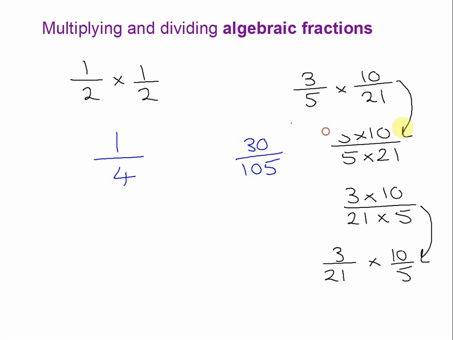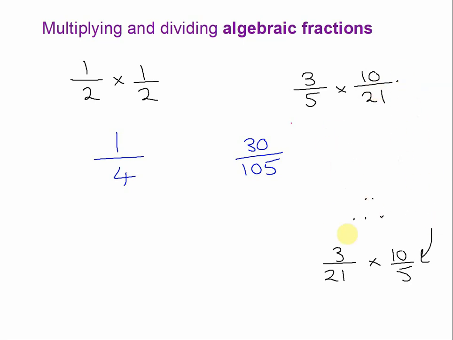Okay, so let me just get rid of all of this and I'll show you what I would like you to do. Probably should have used a bigger rubber. We're nearly there. There we go. Okay, so can I cancel the 3 with the 5? No, I can't, but I can see that these are both in the 3 times table. So if I divide both by 3, I get 1 there and a 7 here.